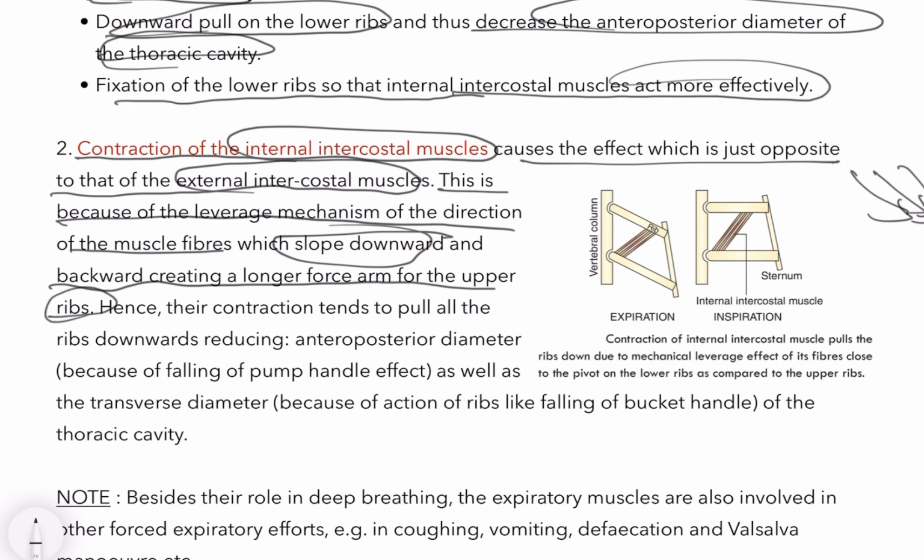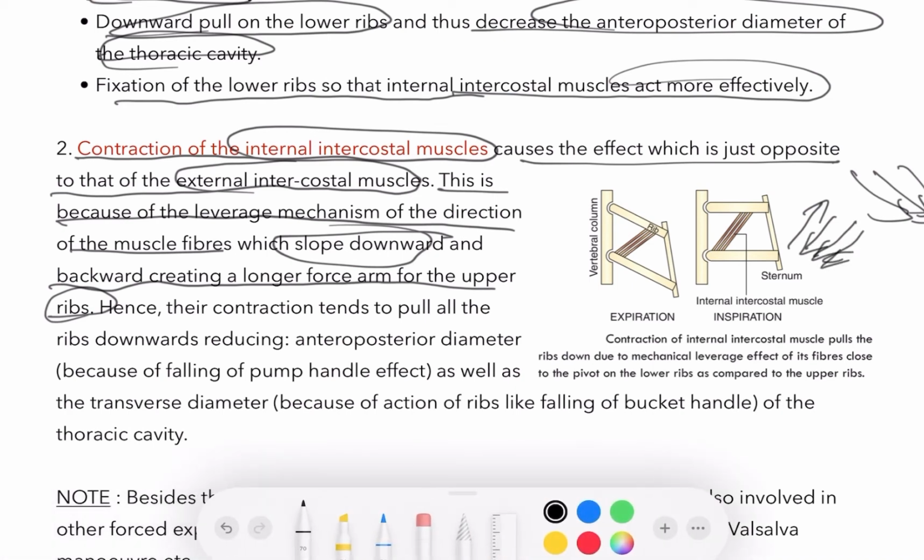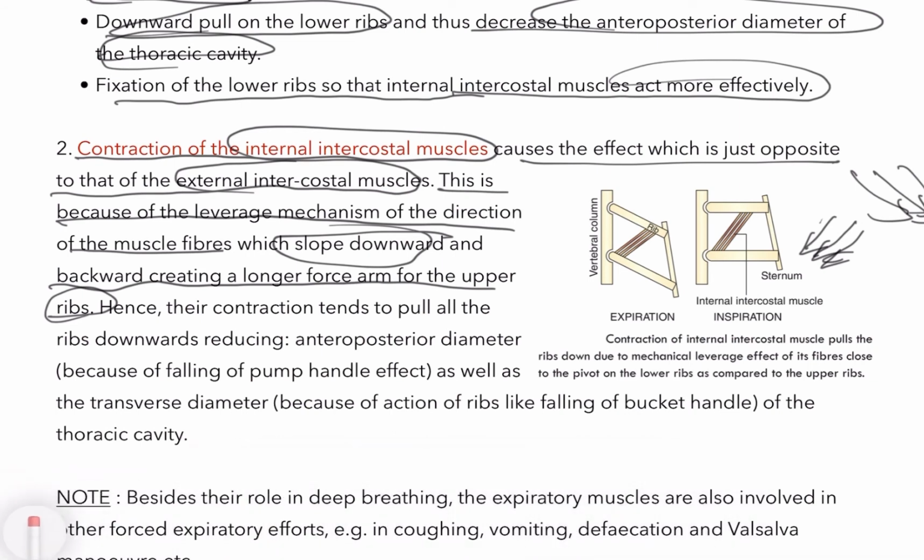Now here you can see the rib is like this. It is downward, but it is lifted like this. So it is totally opposite. This was in the inspiration, but in the expiration you can see now it is like this, while in the inspiration it was like this.